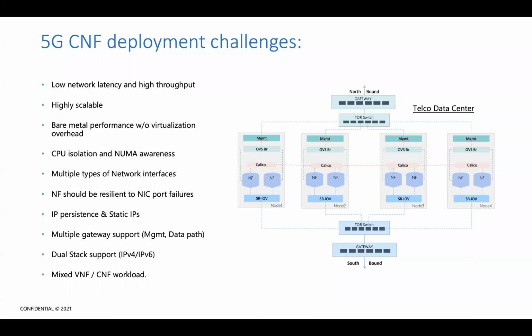Let's get started. Before jumping to how Robin solves the problem for 5G cloud native deployment, let's talk about the key challenges that operators are currently facing for deployment of their 5G network functions.